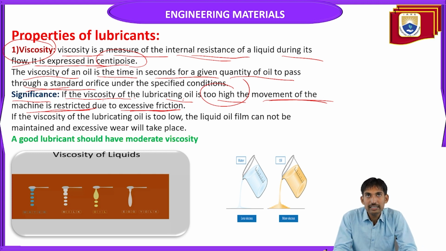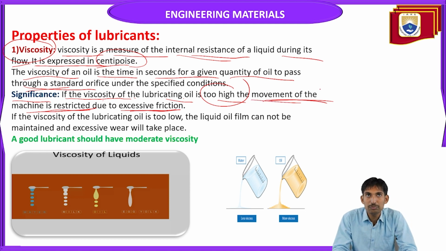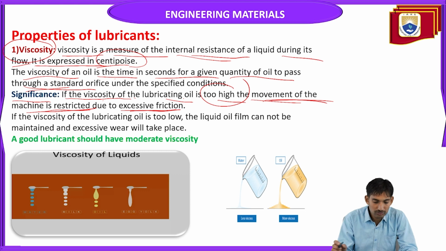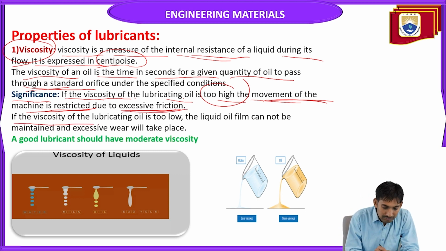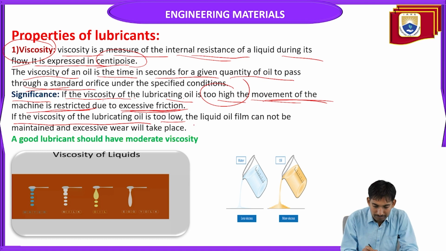If the oil contains more viscosity, the movement of the machine is restricted due to the excessive friction. If the viscosity of the lubricating oil is too low, what happens?